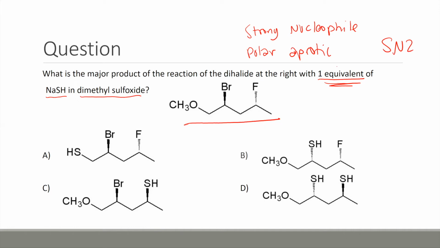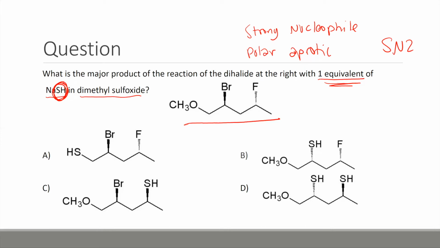Now we're using one equivalent, and here again our nucleophile is NaSH. So let's think about what is going to be added on. What will be our substituted end is going to be an SH group, right? That's our nucleophile.